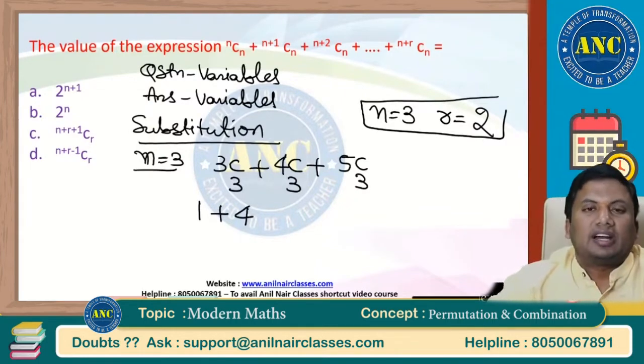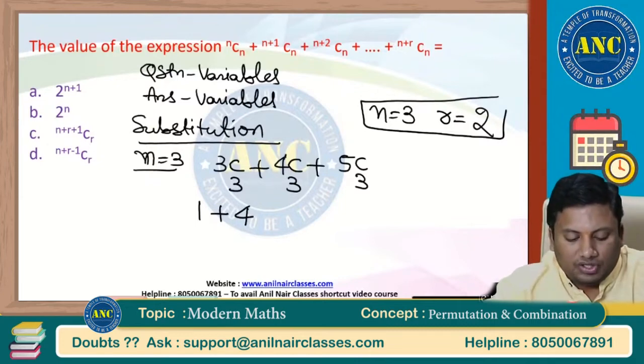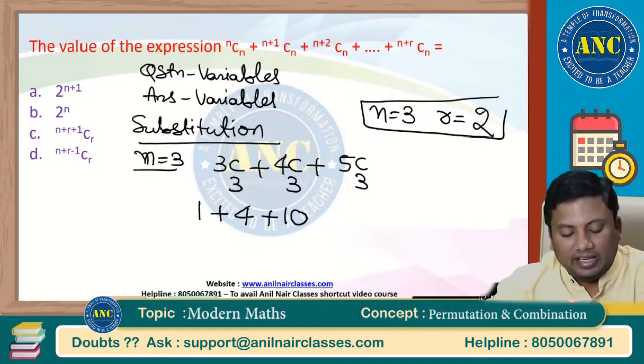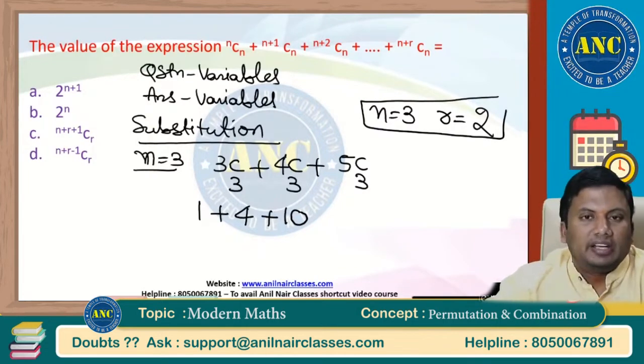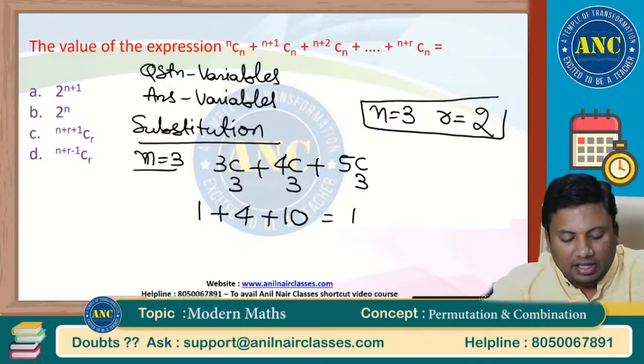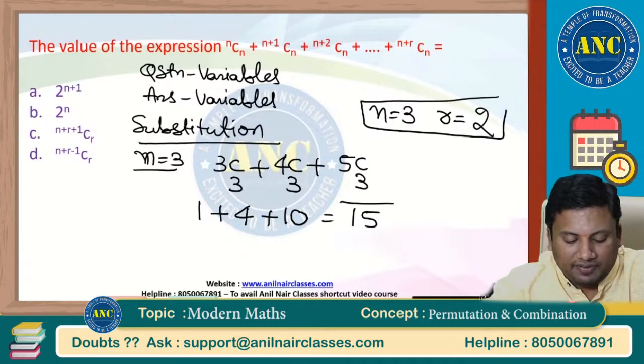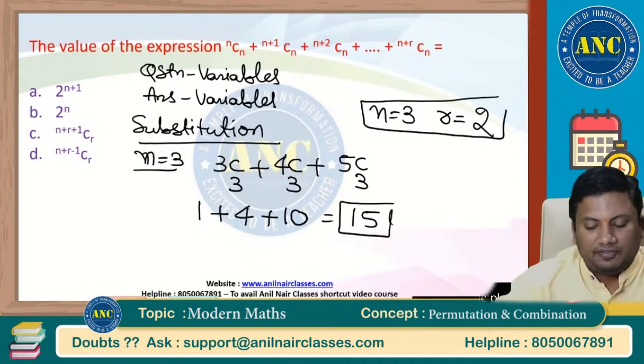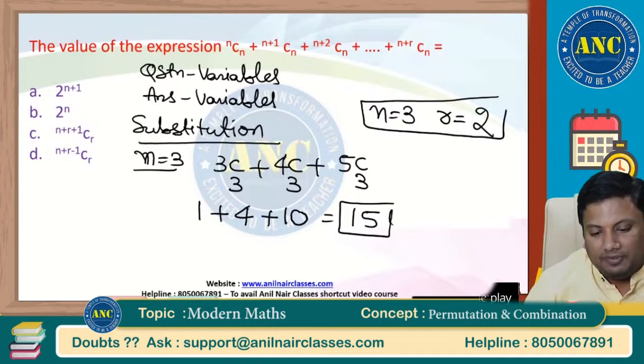Out of 4 selecting 3, rejecting 1, 4C1. 5C3 is out of 5 selecting 2, rejecting 3. This is 1 plus 4 plus 10, which gives 15. When substituting, I should get the answer 15.